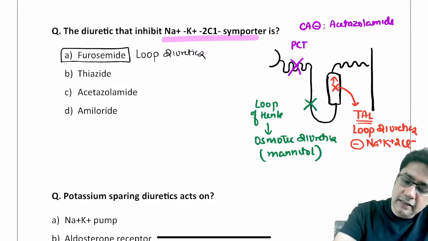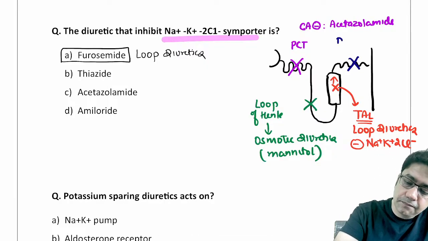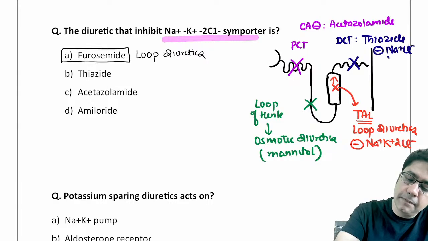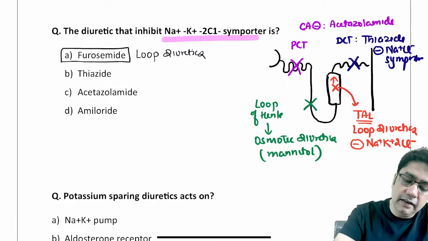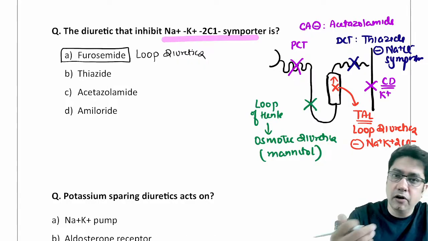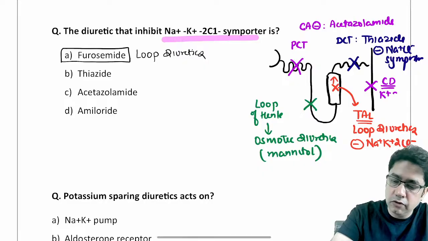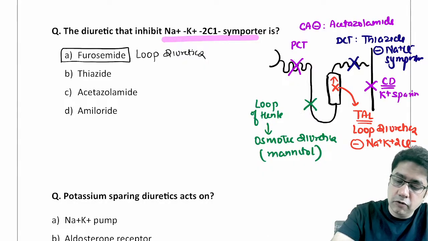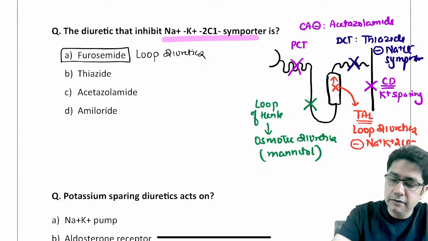Then we have a diuretic that acts on the DCT. On the DCT, remember, thiazide diuretics work, and they inhibit one transporter known as the sodium chloride symporter. Lastly, we have a diuretic that acts on the collecting duct. On the collecting duct, we block the action of the aldosterone hormone, which will lead to sodium loss, but potassium will be spared.